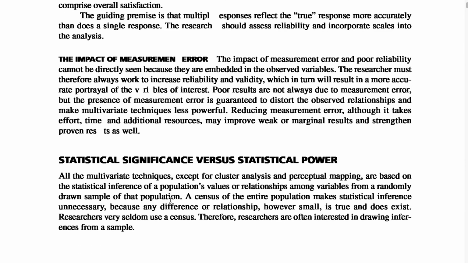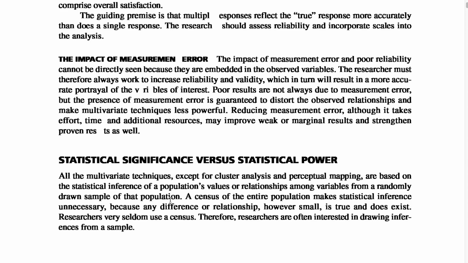The impact of measurement error. The impact of measurement error and poor reliability cannot be directly seen because they are embedded in the observed variable. The researcher must therefore always work to increase reliability and validity, which in turn will result in a more accurate portrayal of the variables of interest.